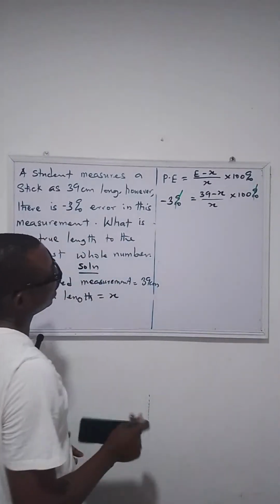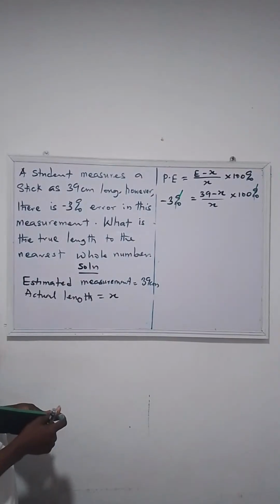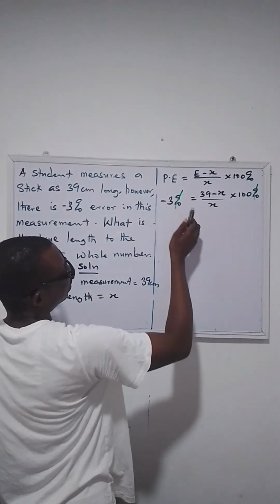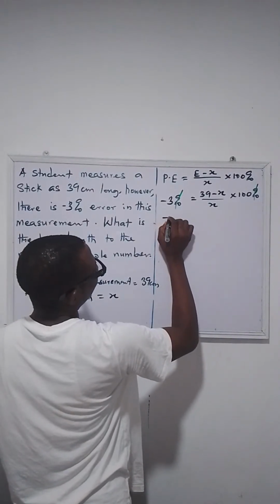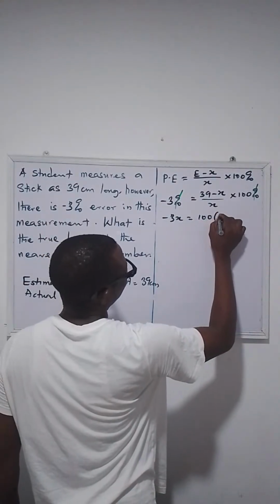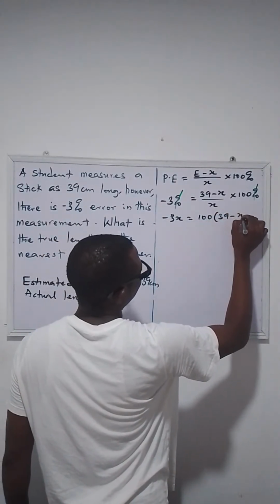The next thing we do here is to cross multiply. When you cross multiply, this x multiplies this negative 3. So we have negative 3x equals 100 times 39 minus x.